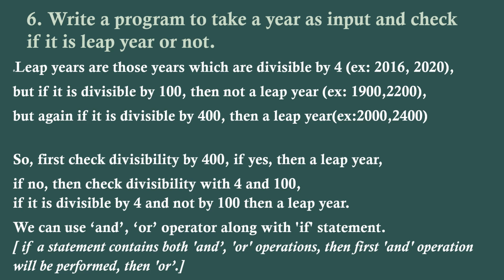So how will we proceed? We have to first check the divisibility by 400. If it is divisible by 400, then it is a leap year. If not, then check the other condition. So our condition is it should be divisible by 4, but it should not be divisible by 100. So we have to use that one.